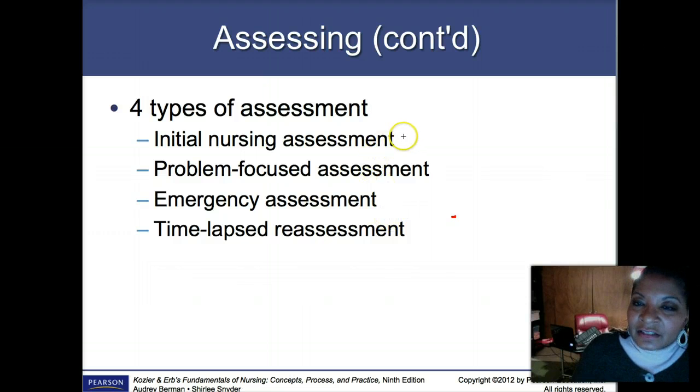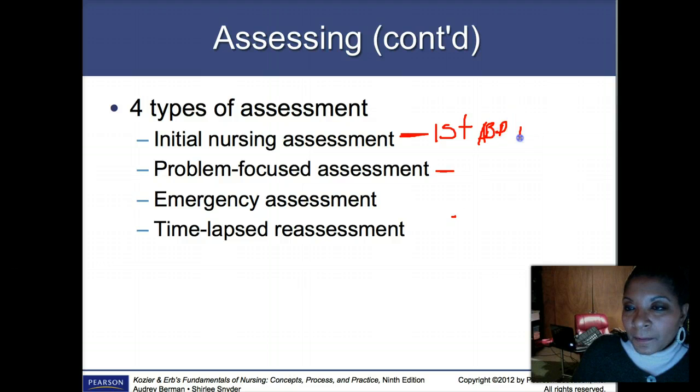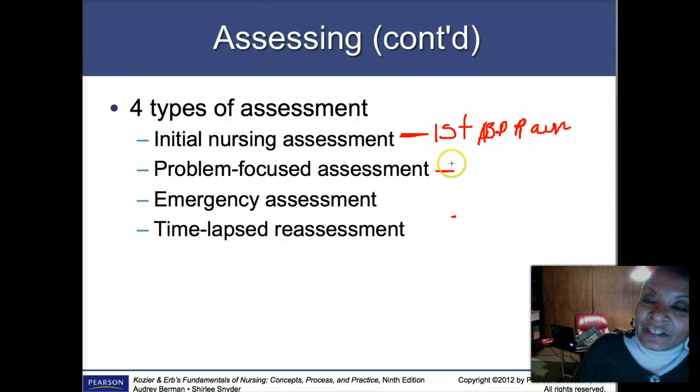So the key is, whenever you're seeing a patient for the first time, your first assessment is your initial assessment. And that can happen all in one day. After your first assessment, say a patient comes in with abdominal pain, you determine the abdominal pain on the first assessment. Then you go back and check on them.